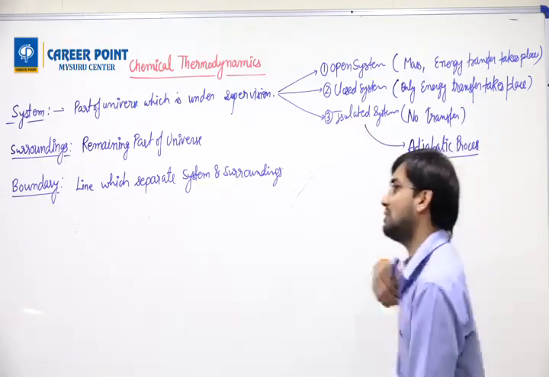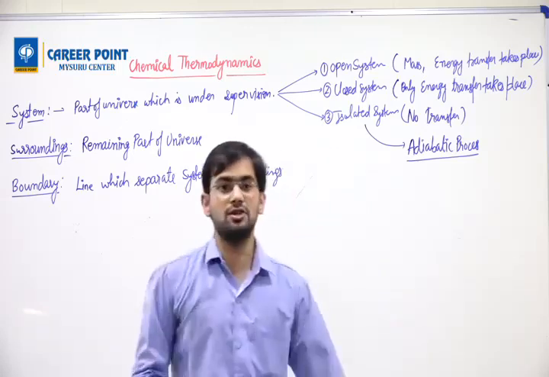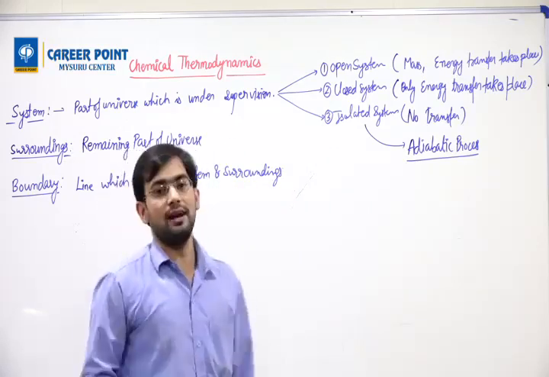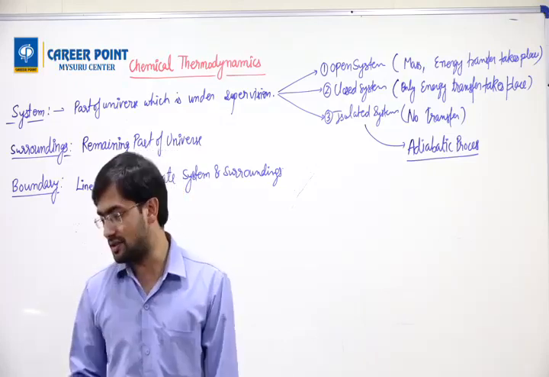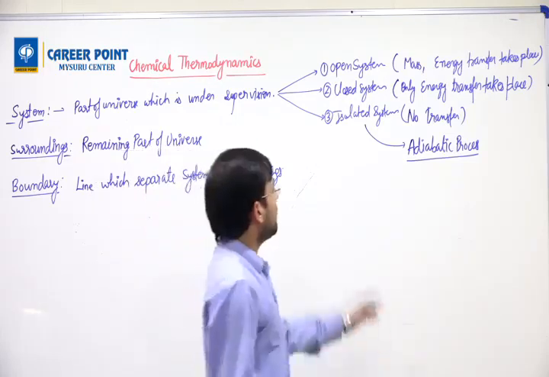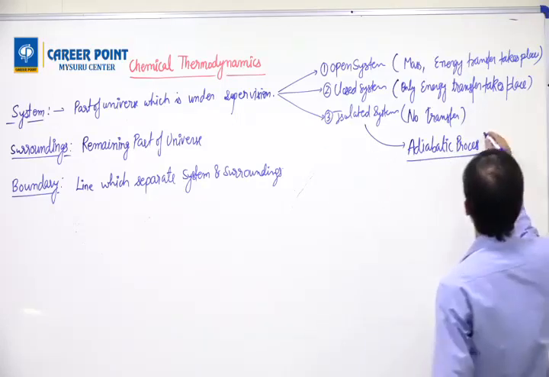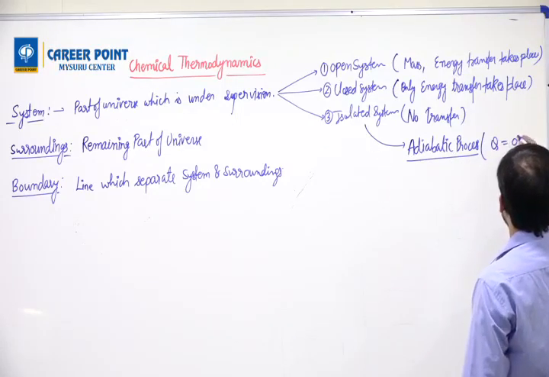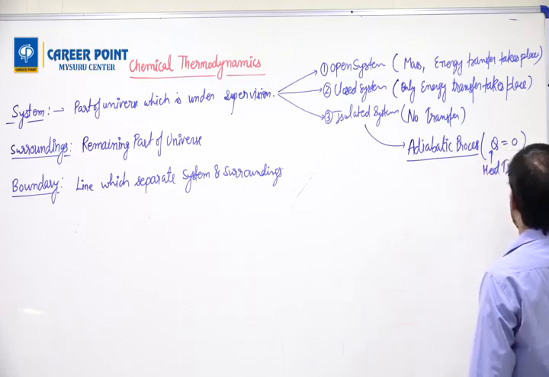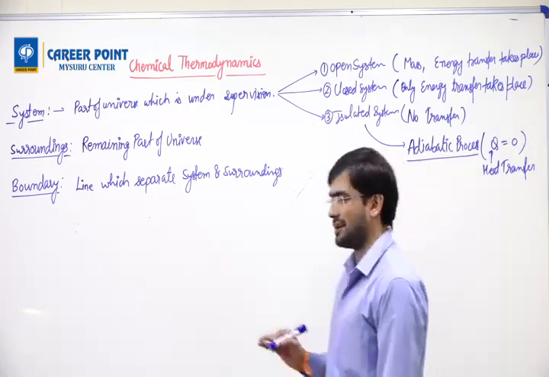They will not mention that the process is adiabatic; they will mention the system is isolated. If the system is isolated, then automatically the process is adiabatic. And in an adiabatic process, Q, the heat transfer, is 0.